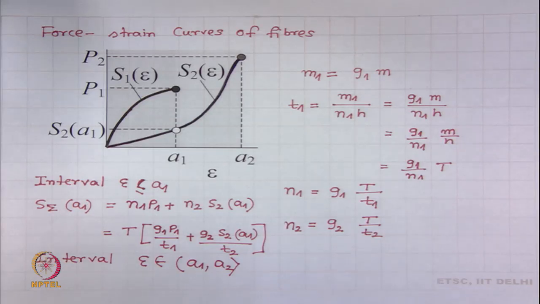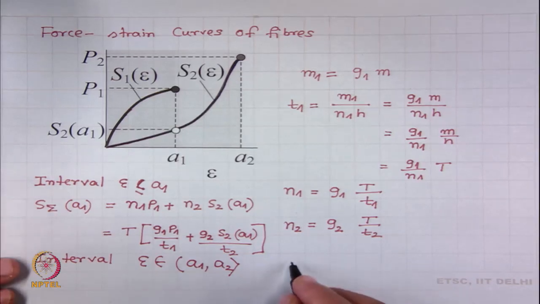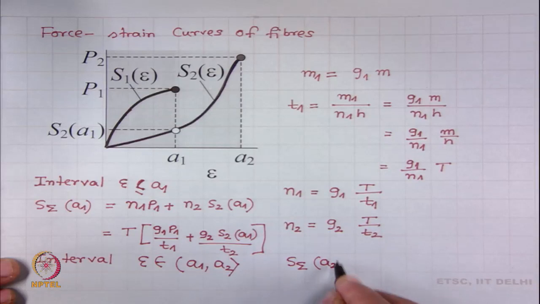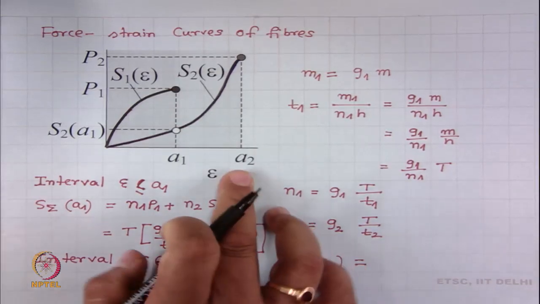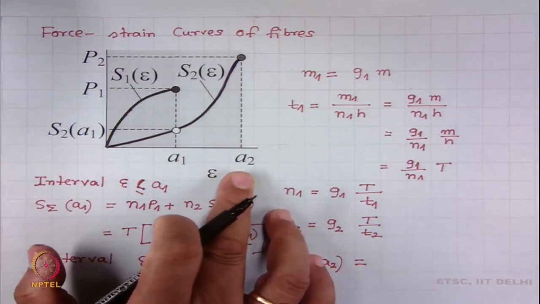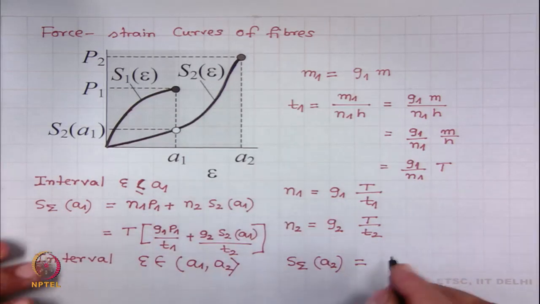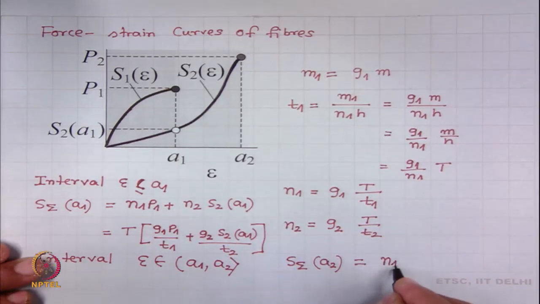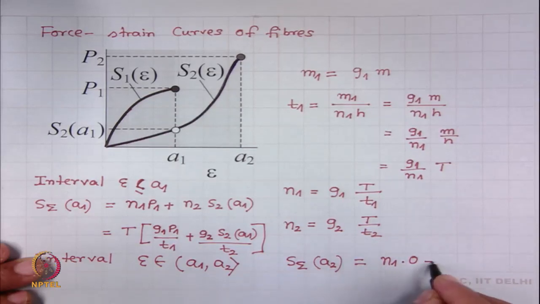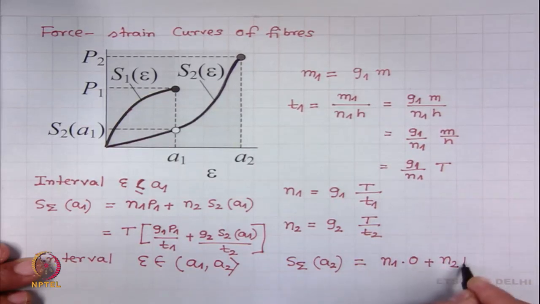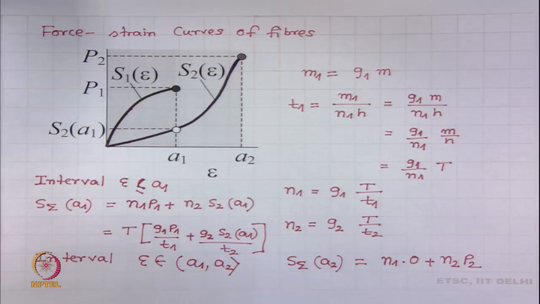What will be the force at A2? At A2 there is no type 1 fiber. So, N1 into 0 plus N2 into P2.